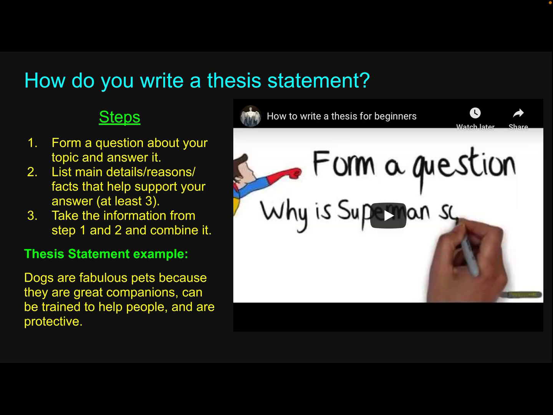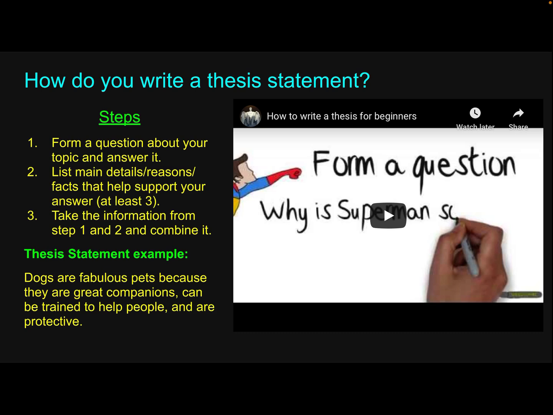So how do you write a thesis statement? Well, there are steps. First, you need to pick a topic. What are you going to write about? Then you need to form a question about your topic and answer it. And we're going to play a video that shows you all this.